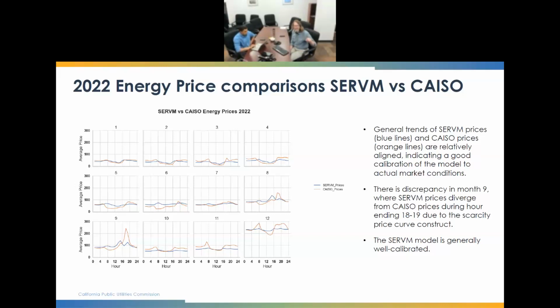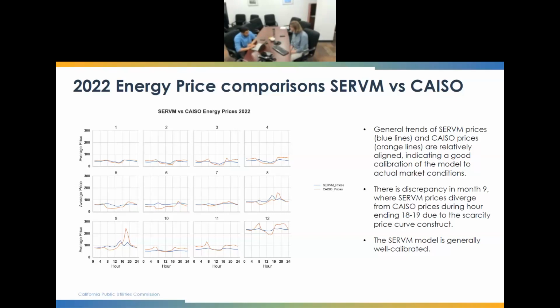You can see some events in December and some events in September. But the overall point of this slide is to show that, in general, our price patterns correspond to ISO prices.